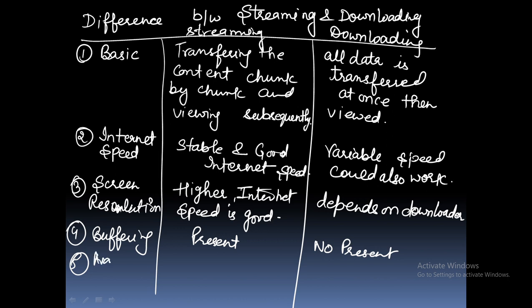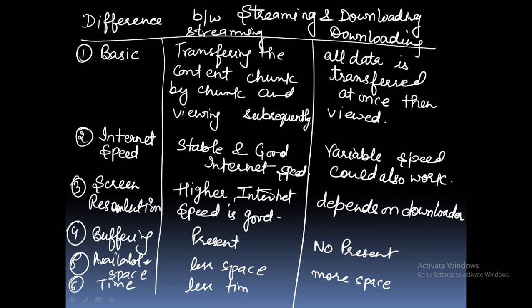Available space: for streaming, it requires less space, but in downloading, it requires more space. Time: in streaming, it requires less time, but in downloading, it requires more time.